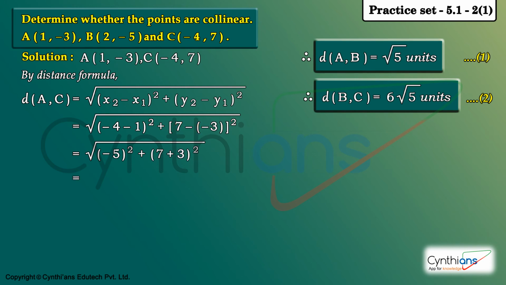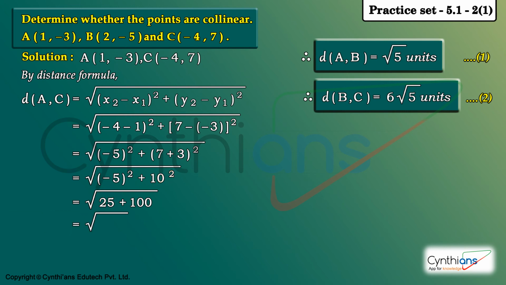Next step, square root of minus 5 square plus 7 plus 3 is how much? 10. So it is 10 square. Next step, equal to square root of minus 5 square is 25, because minus into minus plus, 5 into 5 is 25, plus 10 square is 100. Next step, equal to square root of 25 plus 100, 125.